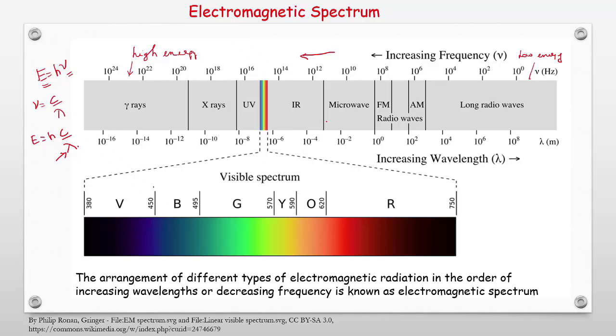Radio waves have the longest wavelength, lowest frequency, so lowest energy. Gamma rays have highest frequency, smallest wavelength and high energy. So gamma rays are high energy radiations. And here you have the visible region which is expanded here. This contains the VIBGYOR, or the 7 colors.